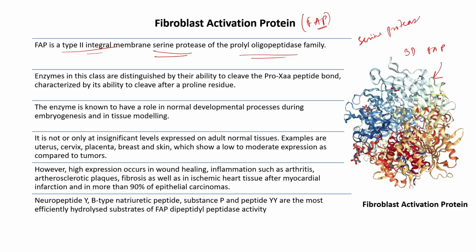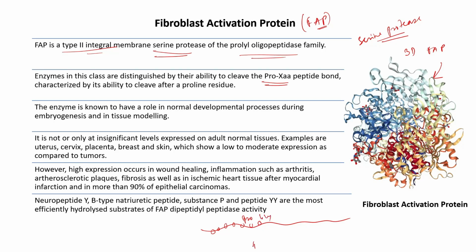So the specialty of this group of enzymes is that it cleaves the peptide bonds. So that's a peptide over here, and there are multiple amino acids in the peptide. So the main specialty of the serine protease or this FAP protein is that it cleaves right after the proline amino acid bond. For example, that's proline in the peptide, and right after proline we have glycine.